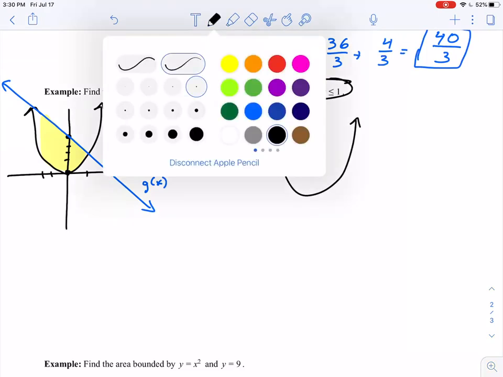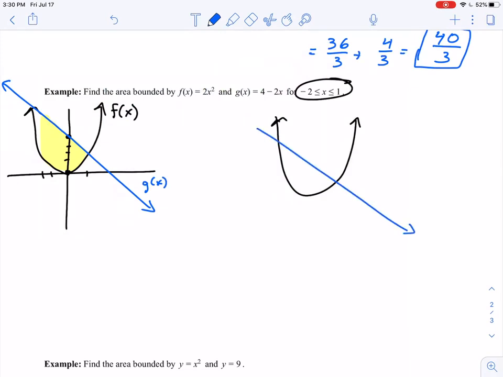In this case, I would have some of my area right here, but then I would also have some of my area right here, in which case my upper and my lower function flip. So I need to make sure that the intersection is either at 1 or outside of 1.